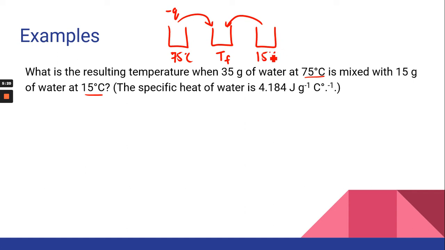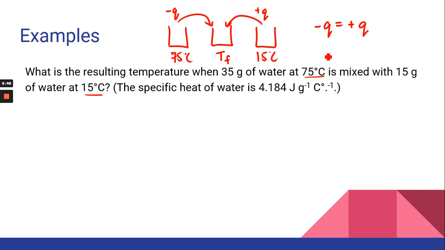And the water at a lower temperature is going to have to absorb energy because it's going to increase its temperature, so it would have a positive Q value. Those two Q values are mathematically the same magnitude. So the heat lost is equal to the heat gained. What was lost by the 75 Celsius water is gained by the 15 Celsius water.